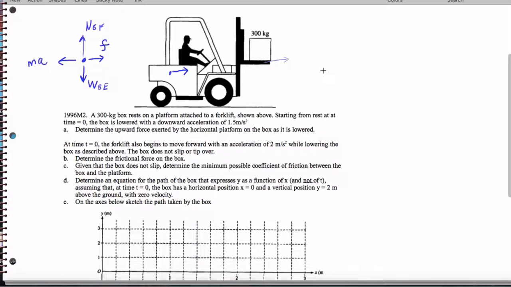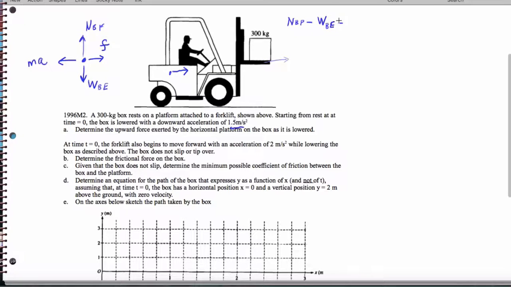The other thing is that there's a downward acceleration of 1.5 meters per second squared. So when we set up our equations, let's be clear. I have the normal on the box due to the platform, and it has a tug of war, so to speak, with the weight of the box due to the earth.